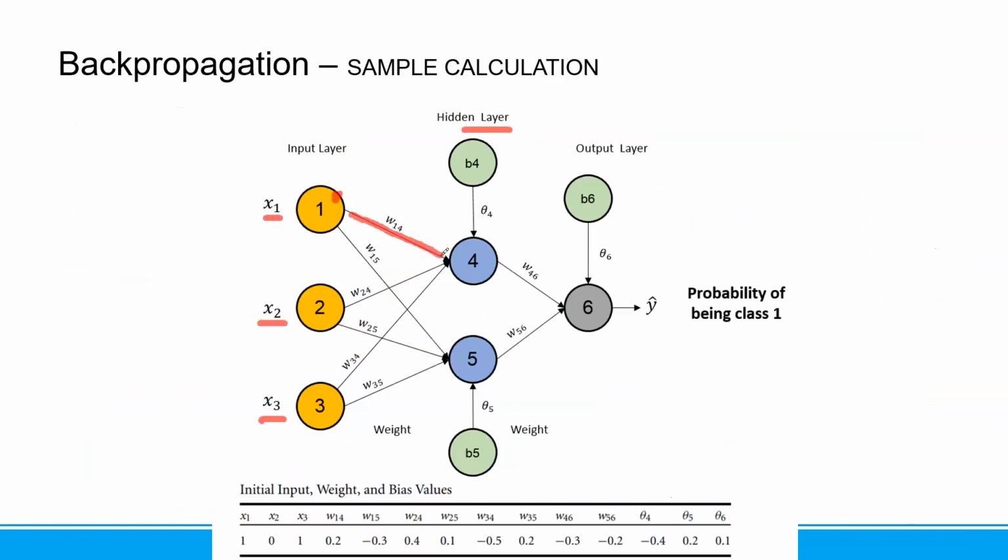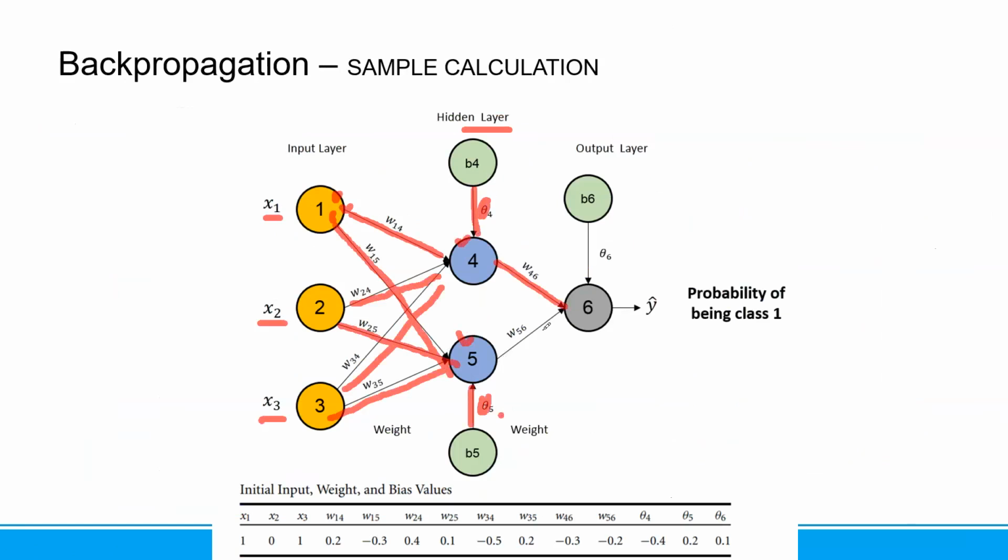W14 means the weight from unit 1 to unit 4. W15 is the weight from unit 1 to unit 5. And so on. We have W24, W25, W34, W35, and we have bias. We say this is theta 4, and we have this one theta 5.